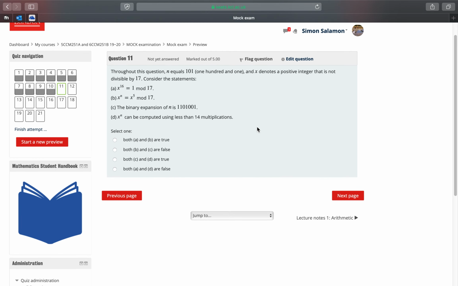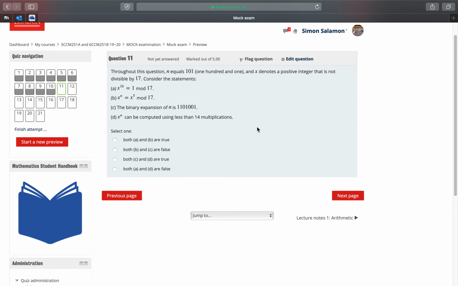Based on the latter part of the lecture course, we have 4 statements to consider, and we can look at them in any order to begin with. So we have here a number n which is declared to equal 101.